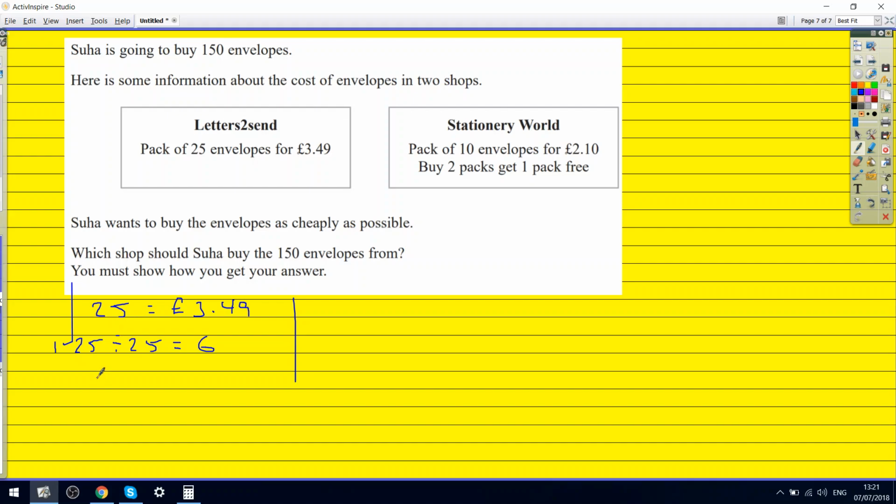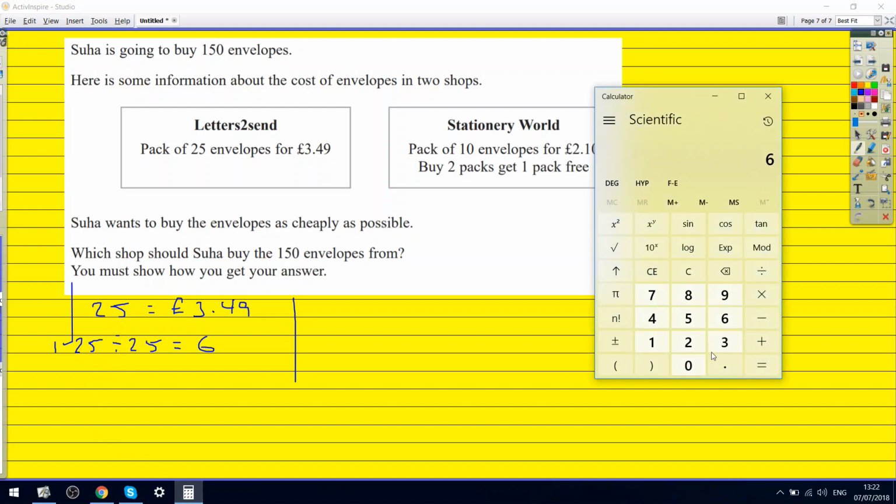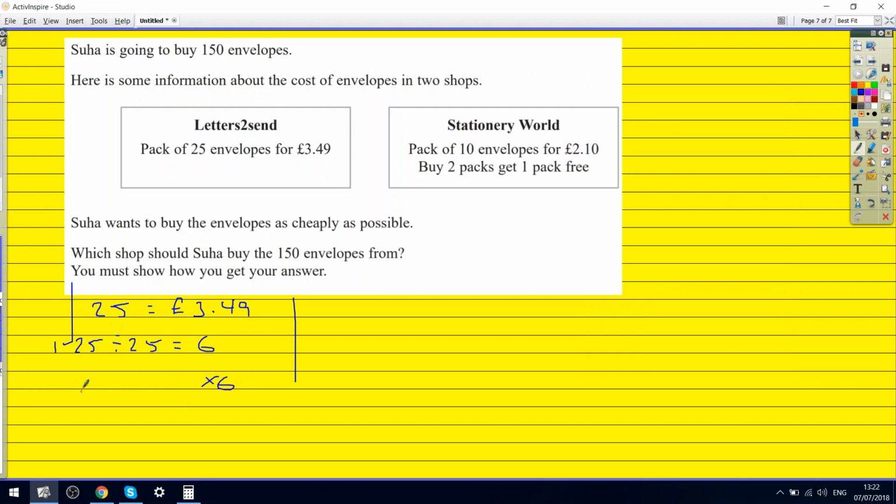So that is 6 times £3.49. So 3.49 times 6. £20.94. Okay, so then how would we do the other one?